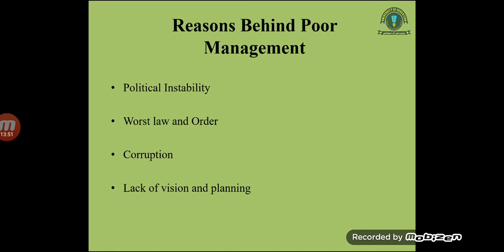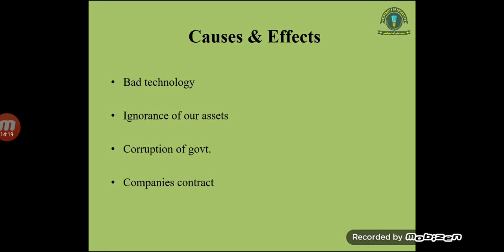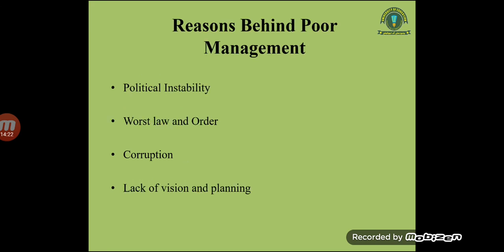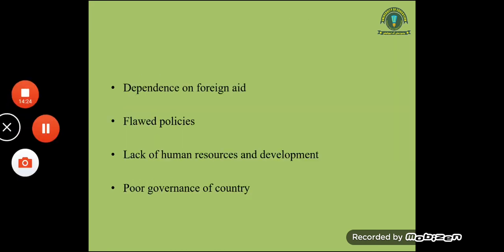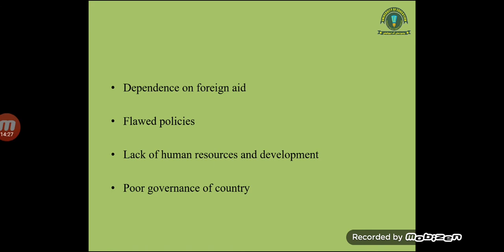Another thing is that the natural resources are at a huge level in our country, but wars, law and order, corruption, political instability, lack of vision and planning, and many other things are the reasons behind their poor management, and that's why it became an effect on the natural resources. Our country is dependent on foreign aid.